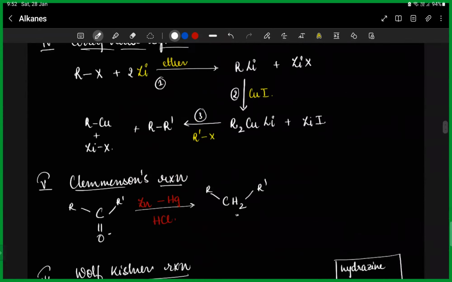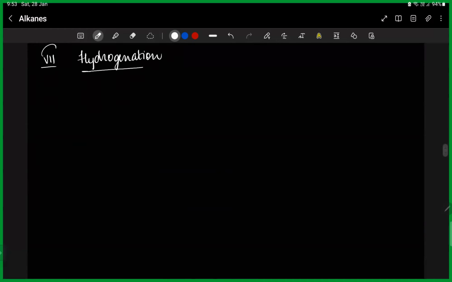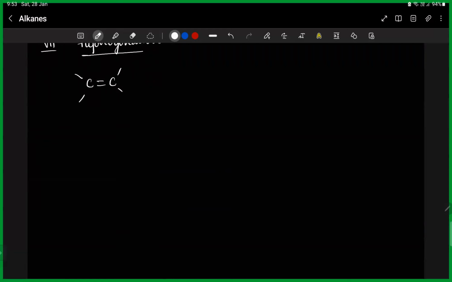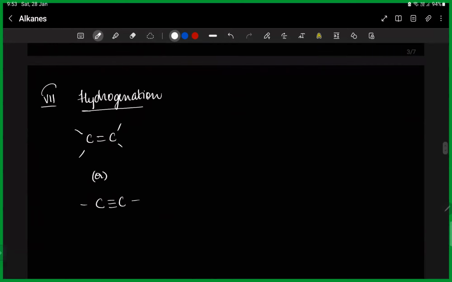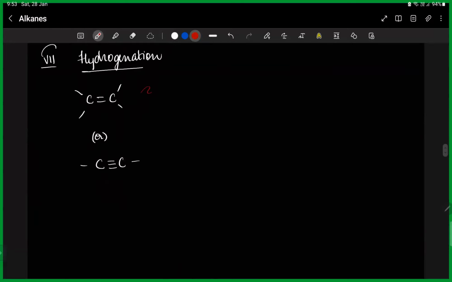So let's see hydrogenation, or catalytic hydrogenation. Hydrogenation is a famous method of preparation of alkanes from unsaturated compounds. So you take alkene or alkyne. Here, important, you are adding H2. Let me explain alkene first.